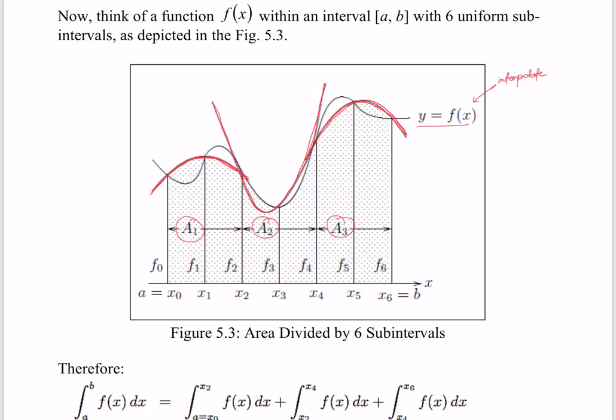When we integrate, we can divide it into 3 areas, so instead of using 6 sub-intervals we reduce it to 3 areas, and then we sum them, and we will get the area under the graph.